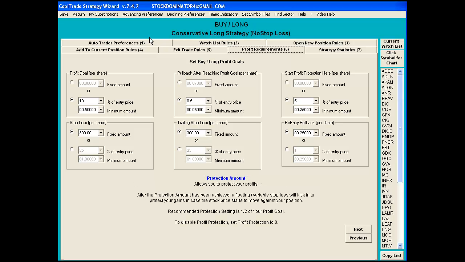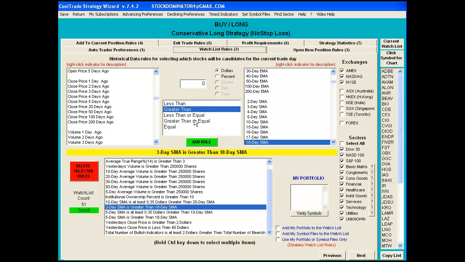So I hope you found that informative. CoolTrade really is very, very user-friendly. For some of you, that might have been kind of over your head. However, it really is as simple as downloading the software, picking a strategy that's available on the CoolTrade website, and CoolTrade will do the rest.